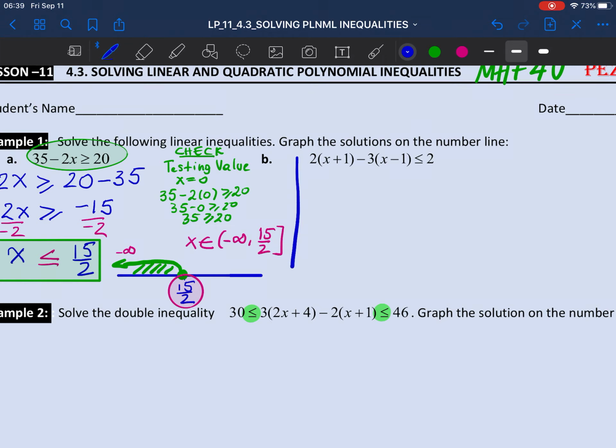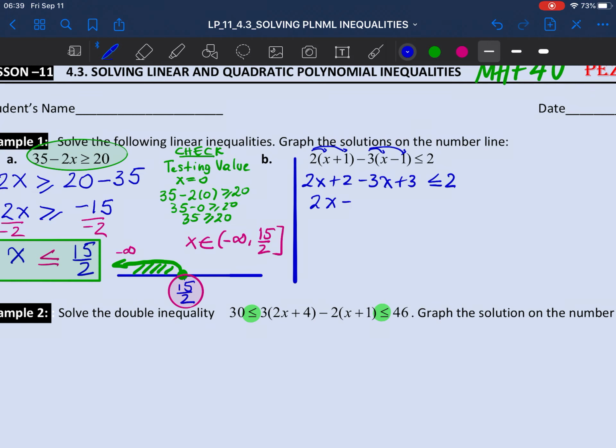So the next example, we have 2 times (x plus 1) minus 3 times (x minus 1) less than or equal to 2. So first we have to expand. So we have 2x plus 2 minus 3x plus 3 less than or equal to 2. Next thing, group x terms on one side, numbers on the other.